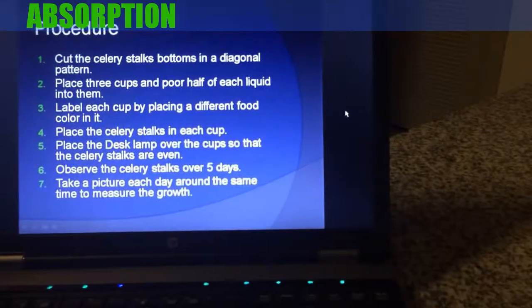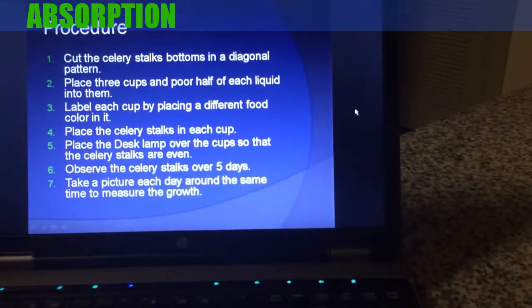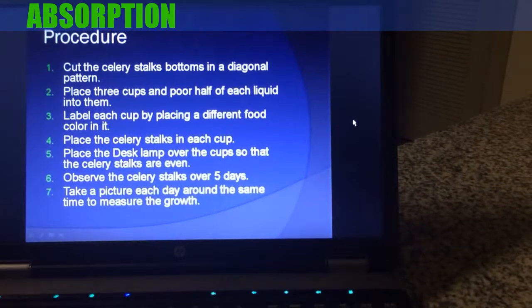So I'm going to break it down. This is the procedure. First you are going to cut the celery stalks' bottoms in a diagonal pattern.